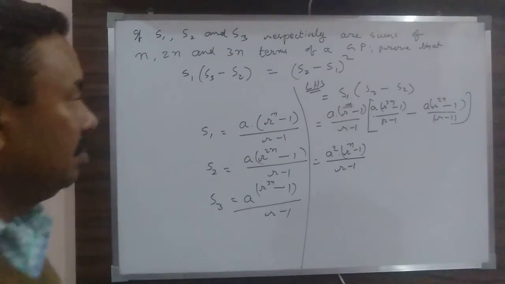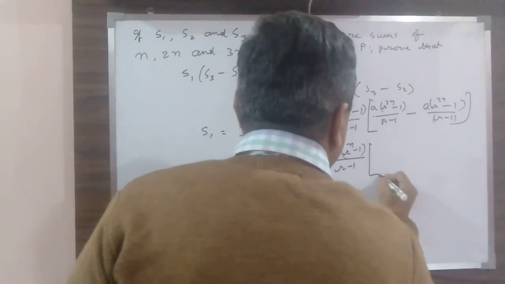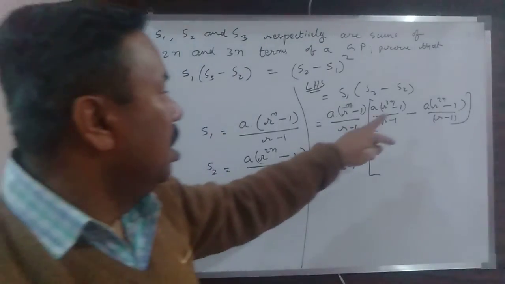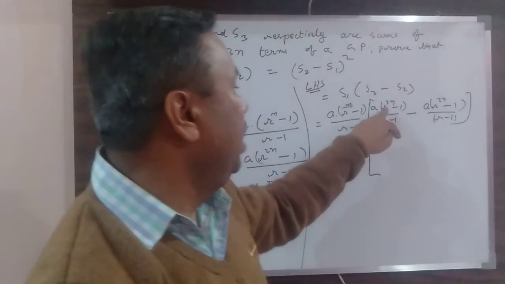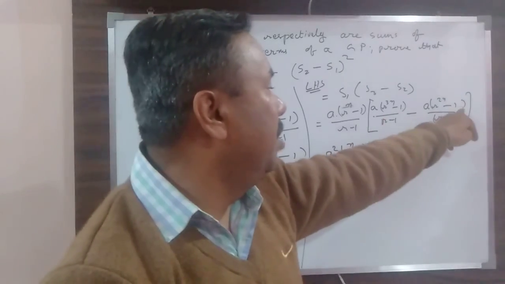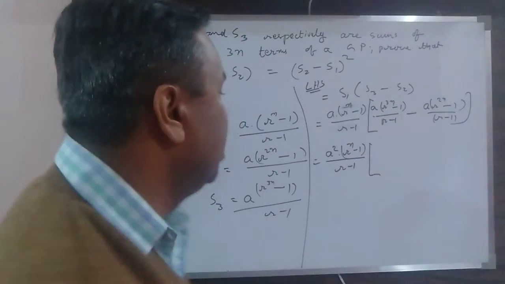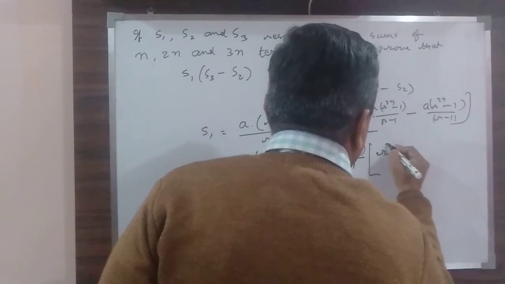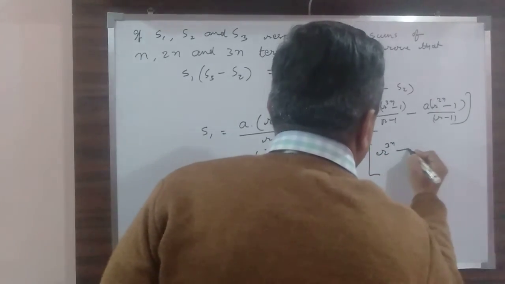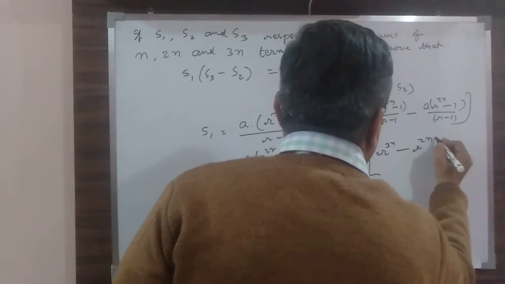And inside, what I get is r raised to the power 3n minus 1 minus r raised to the power 2n minus 1. So 1 and 1 will be cancelled, and what I get is r raised to the power 3n minus r raised to the power 2n.